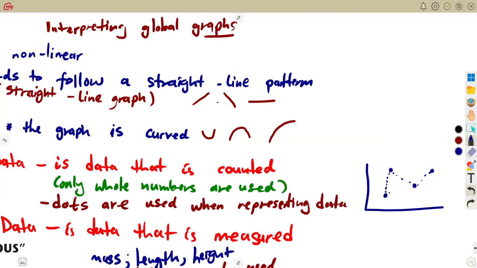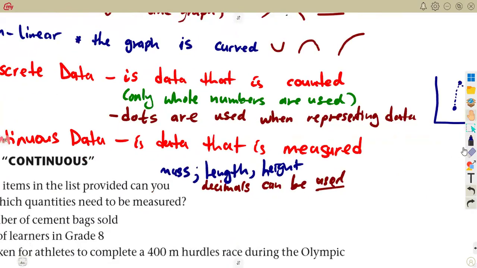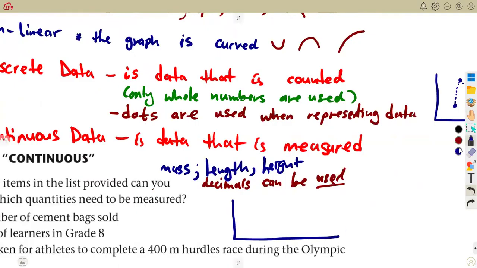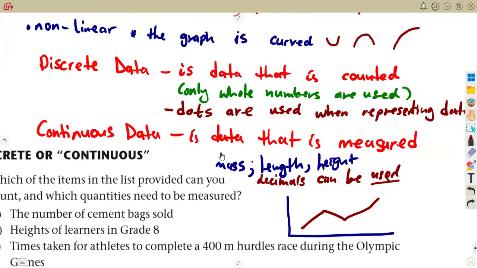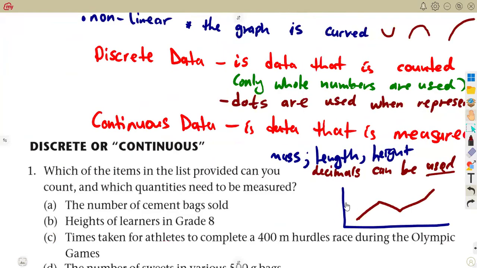But when you consider continuous, the points that you mark, let's say there's a point here, a point, a point, these are joined by a straight line from one point to another. A solid continuous line is used as you present continuous data. The line is not supposed to be broken or dotted like what we had. No, continuous. All right.